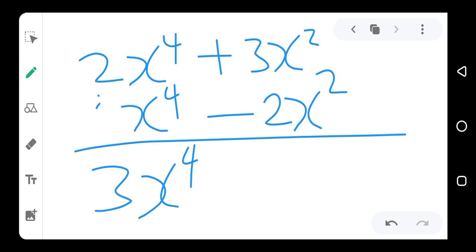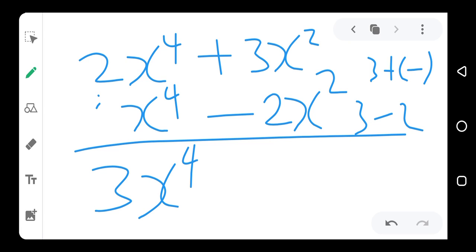Now this is 3x raised to power 2 minus 2x raised to power 2, that is 3 minus 2, which is 1.